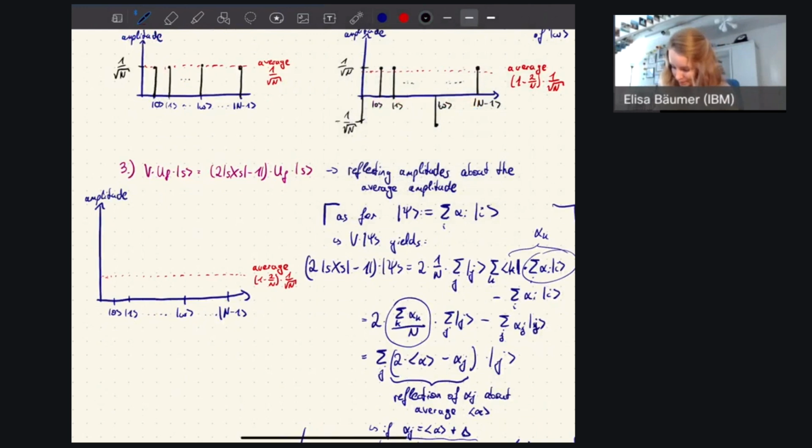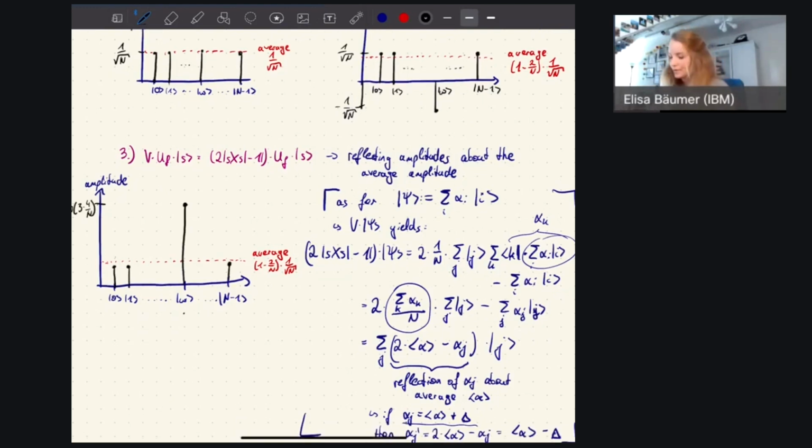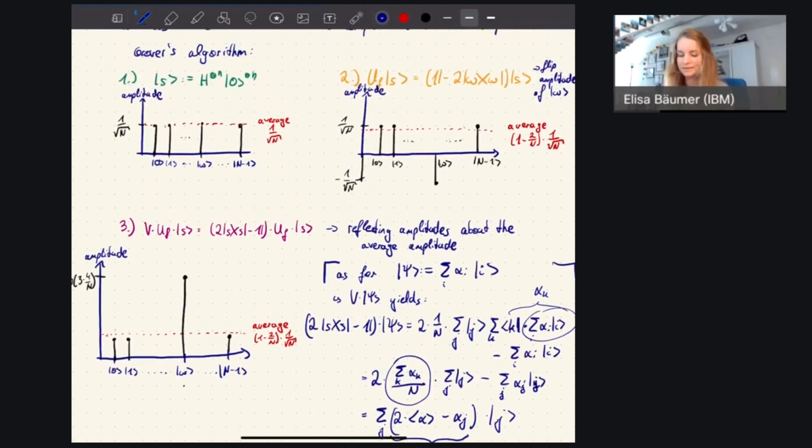Instead of being slightly above the average, they will be slightly below the average, except for the winning element, which was before down here, and which will now be somewhere up here. We'll actually have an amplitude now that is like 1 over square root of n times 3 minus 4 over n. The exact amplitude is not that important. Importantly, we see that this boosts our winning element's amplitude by a lot, while everything else slowly decreases.